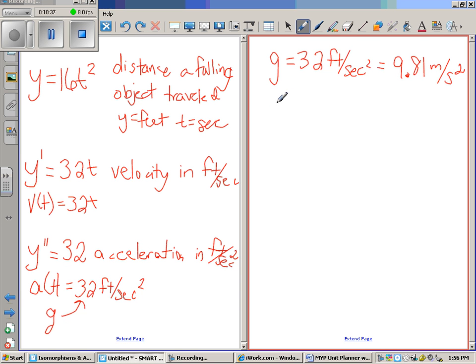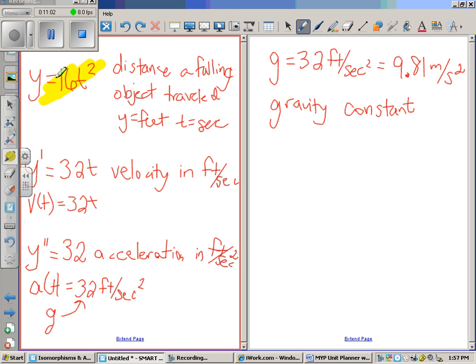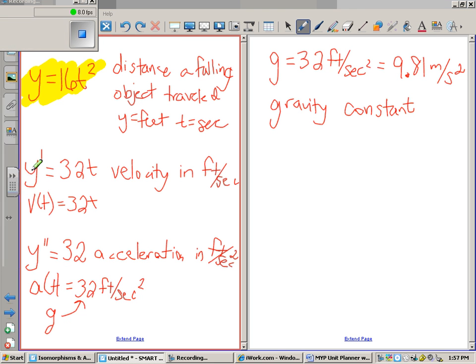And this is a gravity constant. If you ignore wind resistance, any sort of particulate matter in the air, and the object is falling in a vacuum, this is the rate of acceleration in which it falls. So that is our gravity constant. And you can see how this developed: we started with our displacement equation.